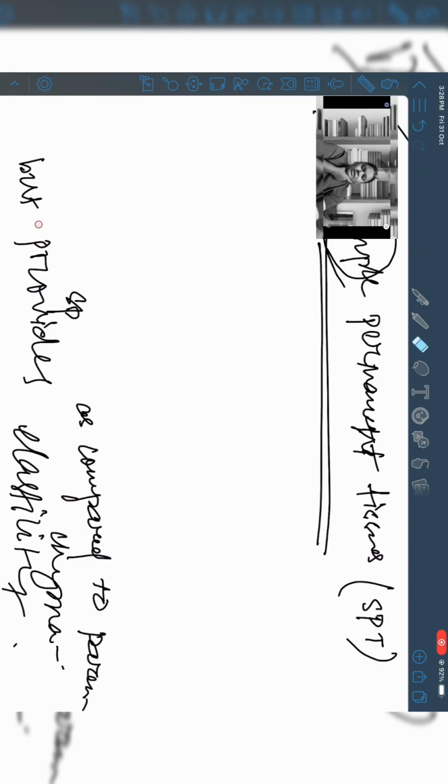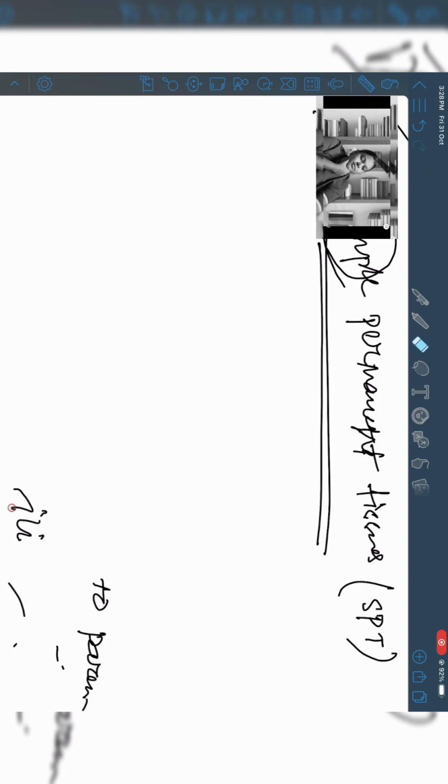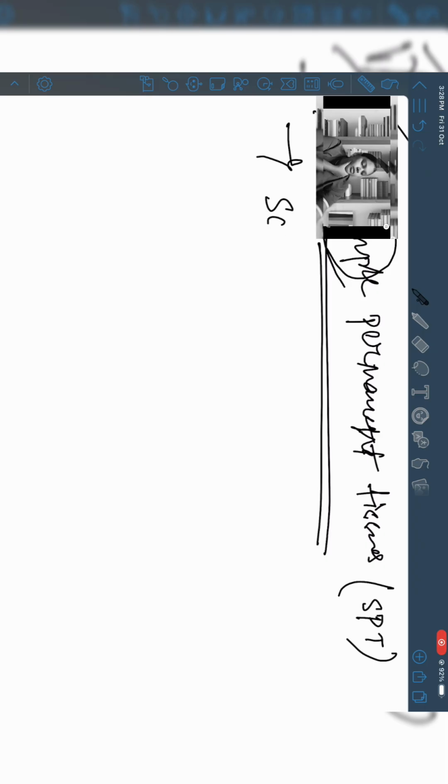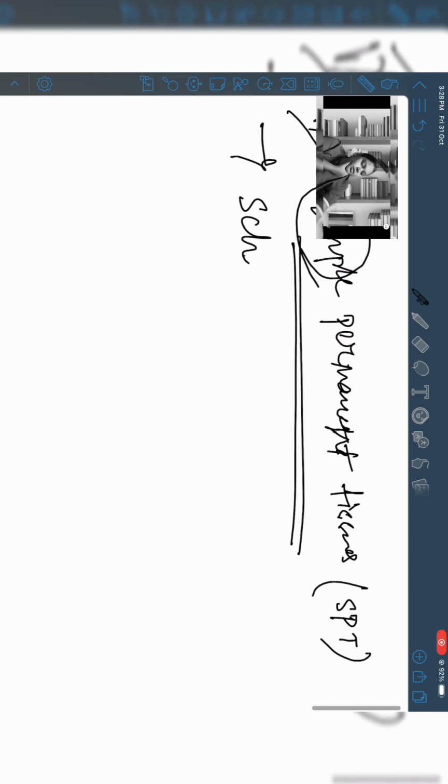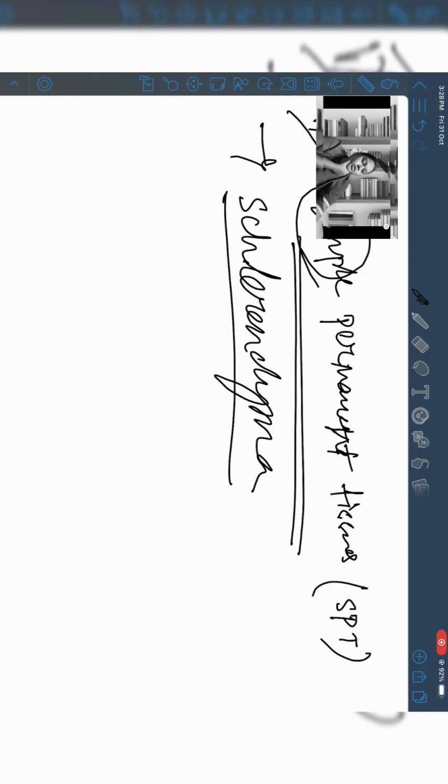So, have you seen the husk of a coconut? Suppose this is the coconut. The husk is very hard. It also gives protection. So, this fibrous part of the coconut is the sclerenchyma or sclerenchymatous tissue.